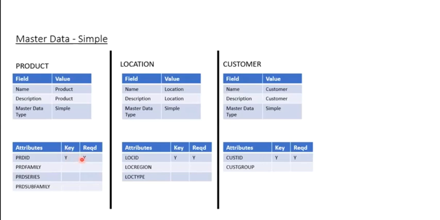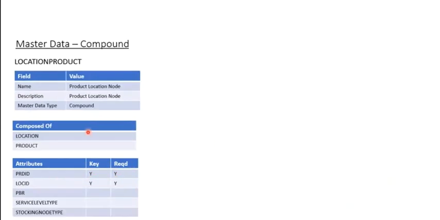Since it's a primary key, it is mandatory to maintain it. Similarly for location or customer. Now if you move to compound, the compound master data is the combination of 2 master data. To make it unique, we'll have 2 keys over here, which are required and compulsorily maintained. Only then will it be unique, and only then can we save that particular master data.